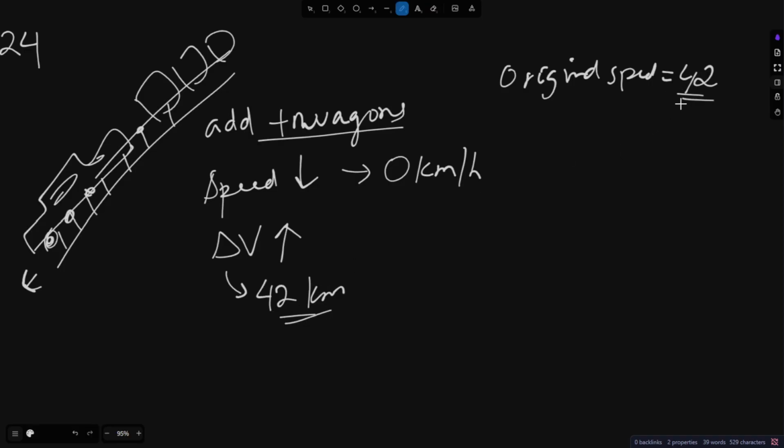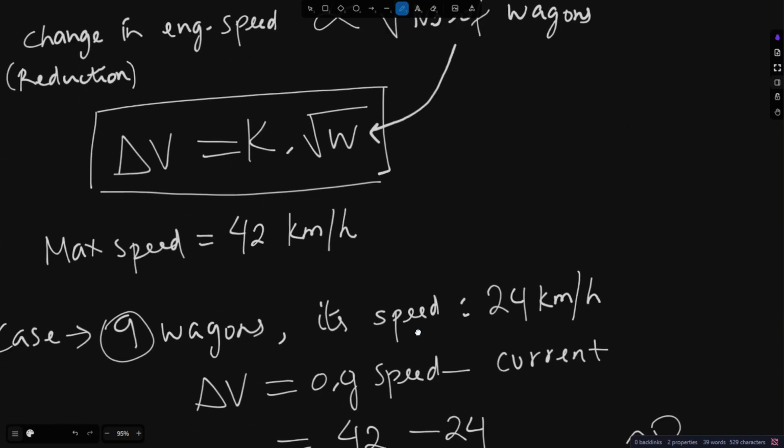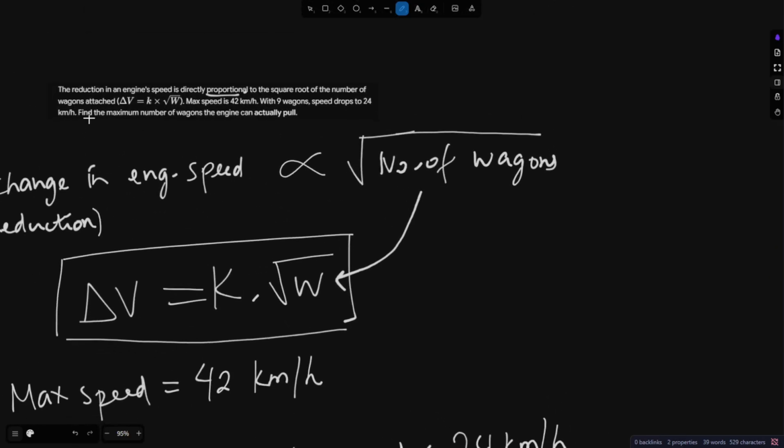Since our original speed is 42 and the delta V is 42, our final speed becomes almost 0, because the question states that we need to find the maximum number of wagons the engine can actually pull. It doesn't say how many it'll take to stop the train, but how many wagons it can actually pull.